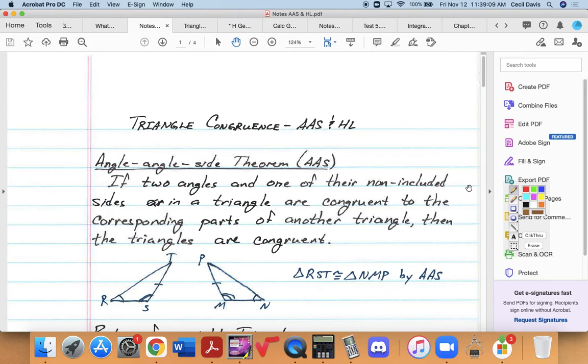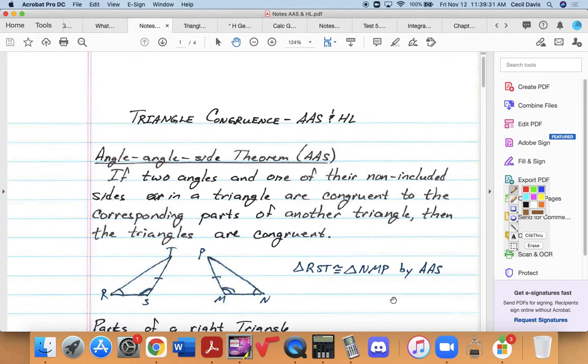In angle, side, angle, the side is in between the two angles. So in the diagram, notice here that TS is not in between angle R and angle S. So that's why this is angle, angle, side, because this side is not between these two angles. Any questions about that?